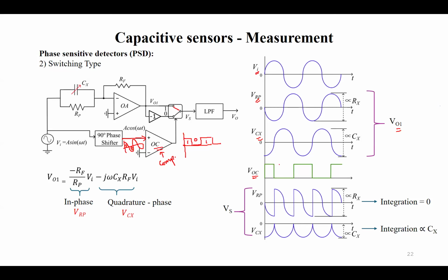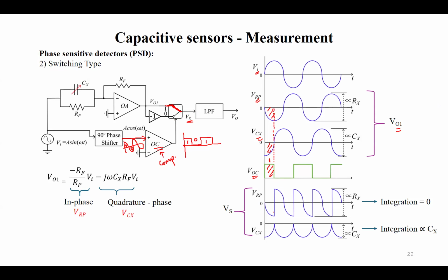So this is VOC. When VOC is 1, what happens? The switch is connected to position 1 here. So what is V01? The same signal will arrive at Vs. So the same signal V01, corresponding to VRP and VCX, will be at the output.